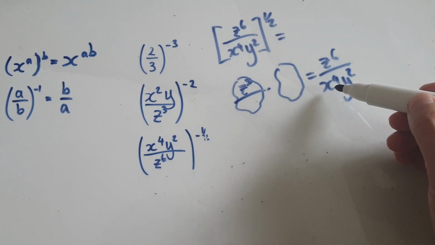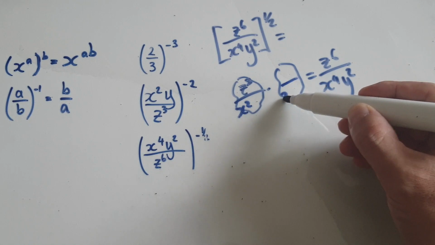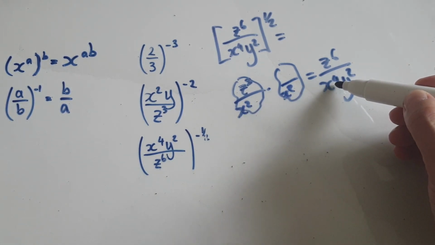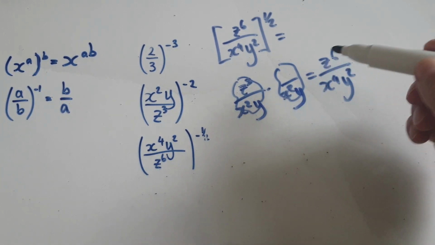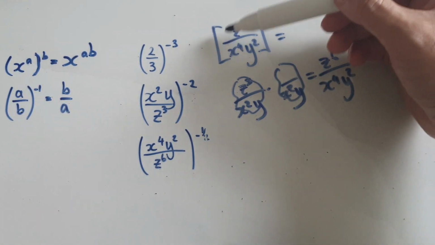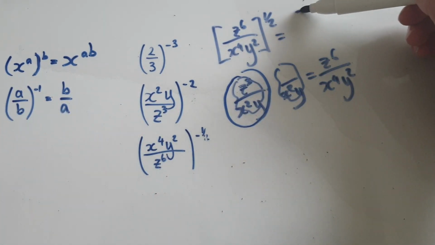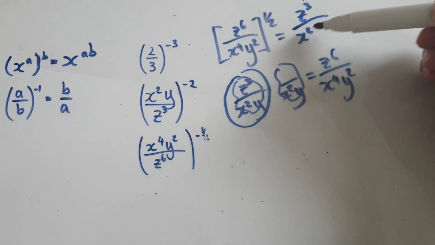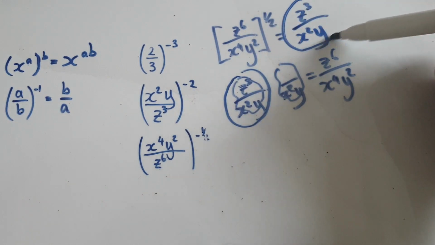And looking at the denominator, it's got to be x squared here, and then x squared here, because x squared times x squared will give you x to the power 4. And looking at the y, it would be this, y here. So the point is, the square root of this thing here is this thing here. It would be z to the power 3 over x squared y. So that would be your final answer. Okay?